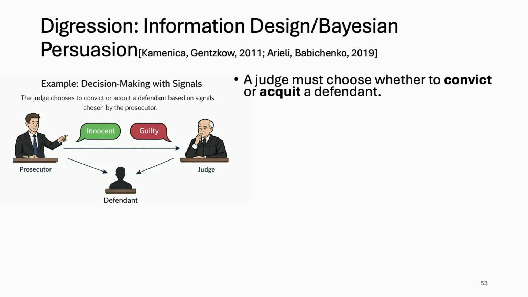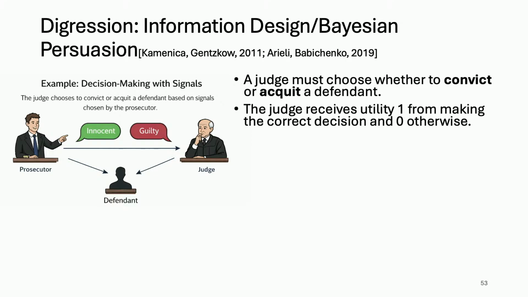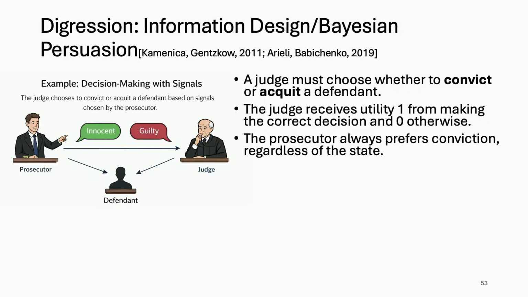A judge must choose whether to convict or acquit a defendant based on a signal chosen by the prosecutor. The judge receives utility 1 for making the right decision, and utility 0 for the wrong decision. And the prosecutor always prefers conviction regardless of the state of the defendant.